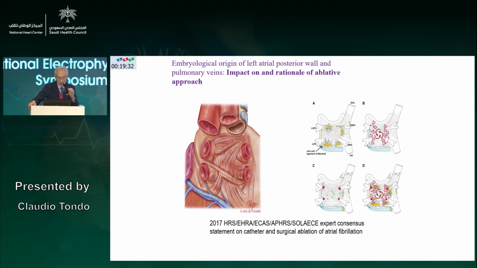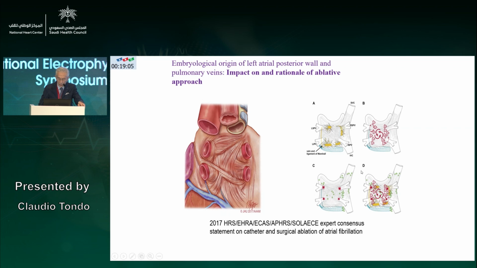This cartoon comes from a consensus document that we wrote in 2017, and it's nice because it shows the complexity of the left posterior wall in relation to the clinical presentation, like paroxysmal or persistent atrial fibrillation at the right.